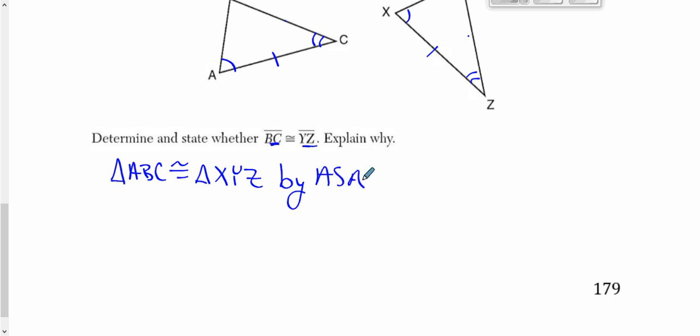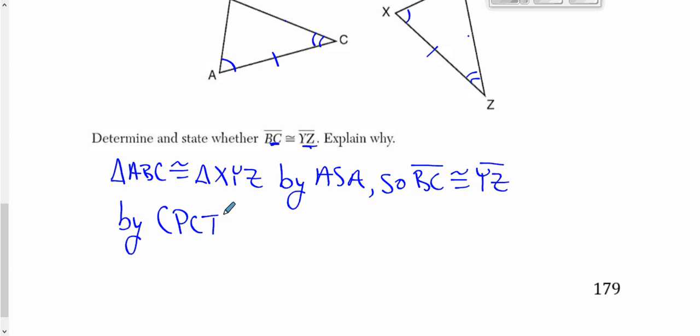So BC is congruent to YZ by CPCTC: corresponding parts of congruent triangles are congruent.